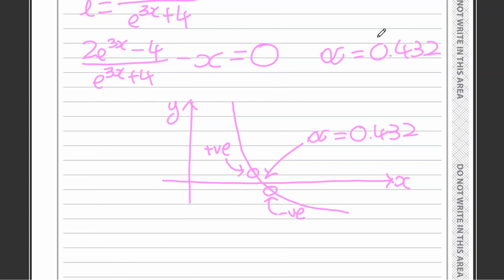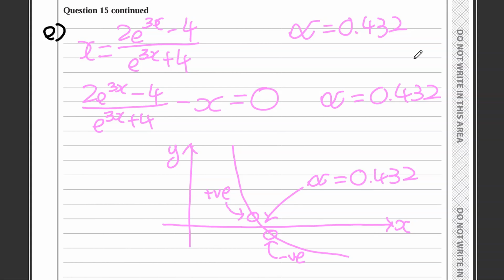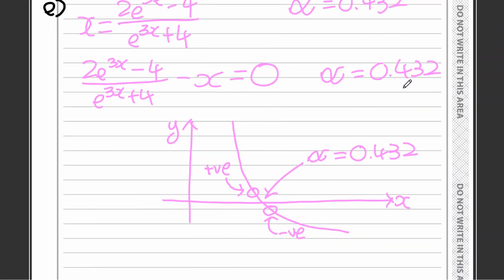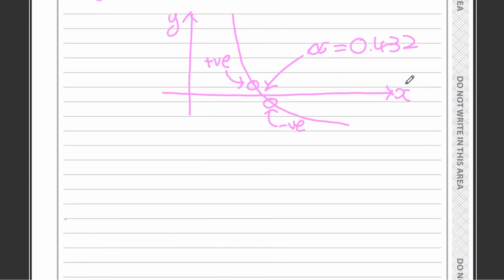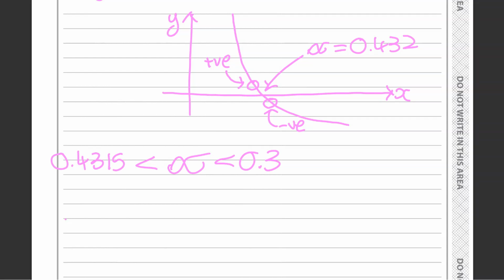If we're trying to prove that alpha is equal to 0.432 to 3 decimal places, we can prove that alpha is between 0.4315 and 0.4325. If alpha is in this interval, then to 3 decimal places alpha is equal to 0.432.